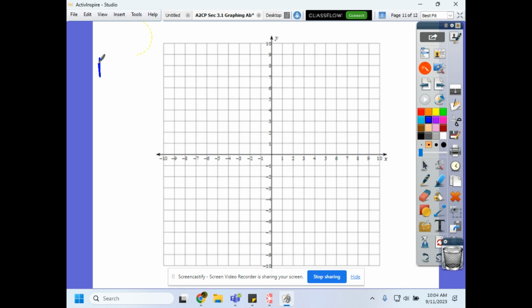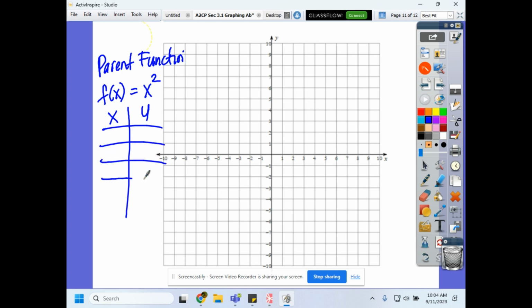The parent function is f of x equal to x squared. That means when the value of x is 0, what's 0 squared? What's 0 times 0? 0. What about if it's 1? What's 1 squared? 1.